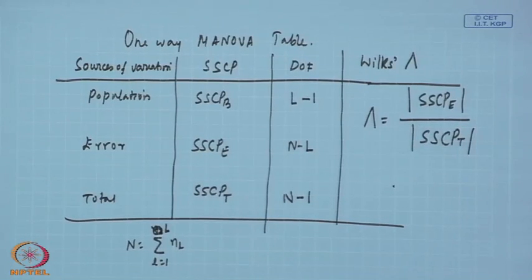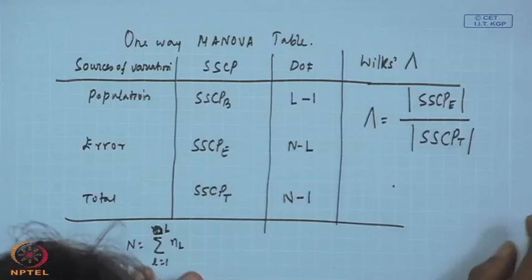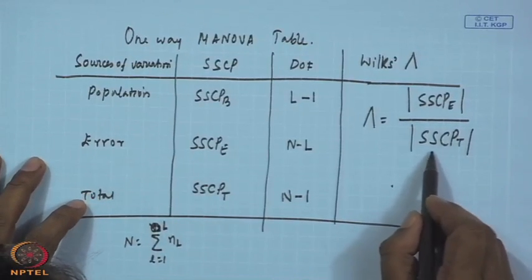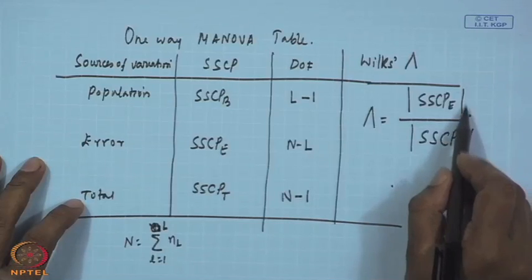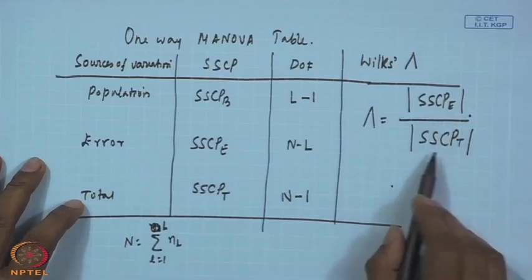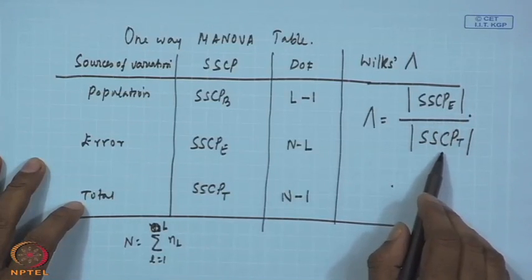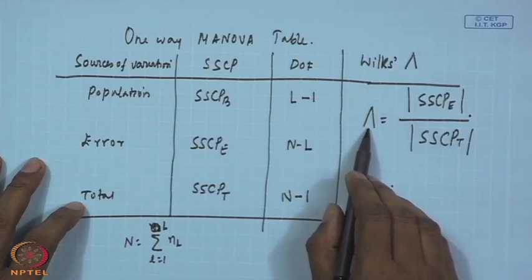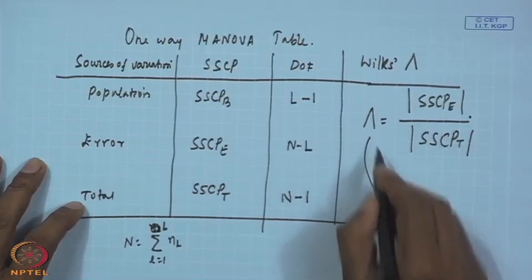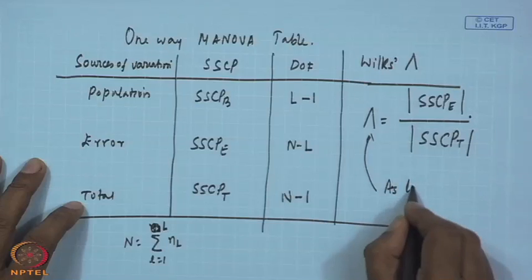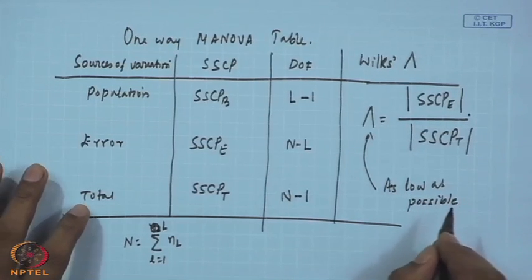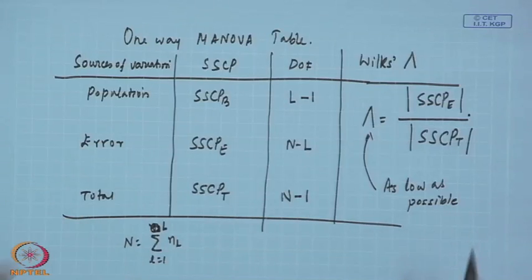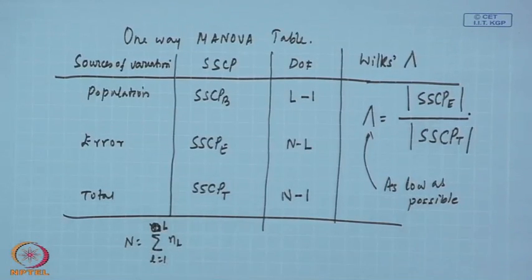What we want is that the determinant of SSCP error must be as low as possible compared to the total, so this quantity will be as small as possible.